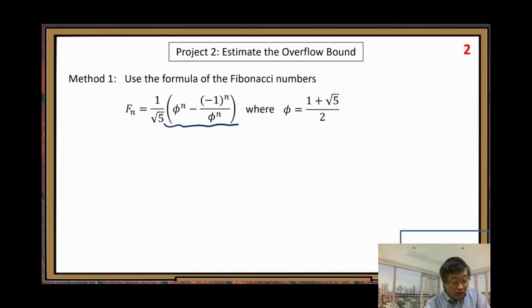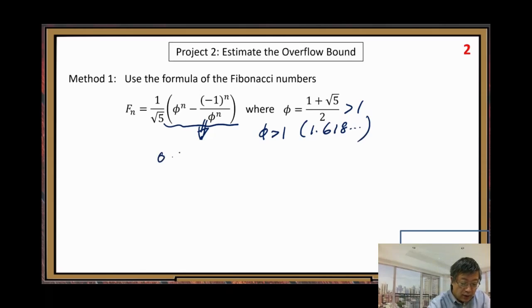When we simplify the formula, let us look at the second term. First, we know phi is greater than 1, actually 1.61..., greater than 1. So then we have 0 less than 1 over phi less than 1.